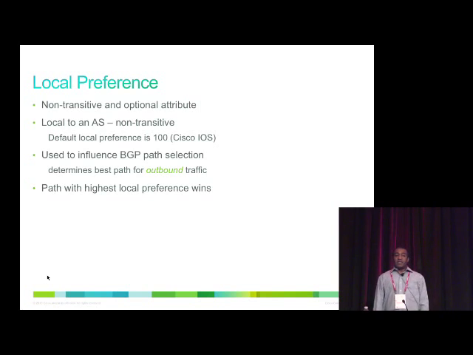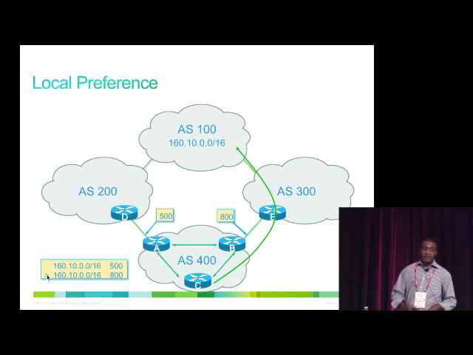It is a non-transitive optional attribute, which means it is used within a single autonomous system. It's not advertised outside that autonomous system. So in the previous example here, B sets the local preference, A also sets the local preference.